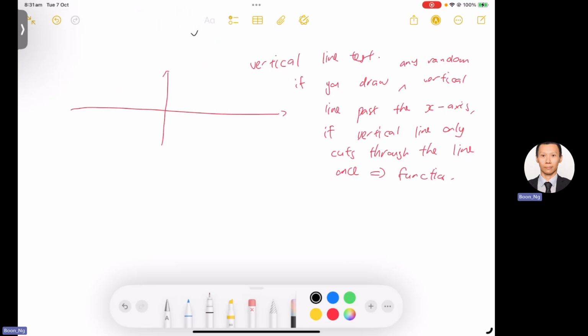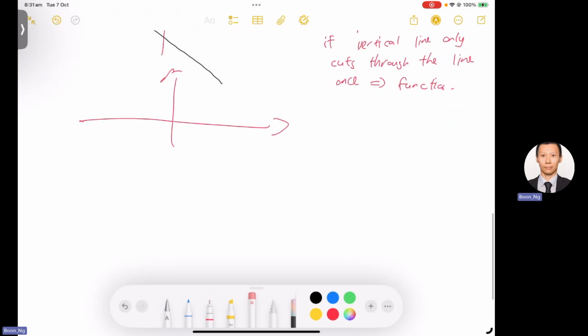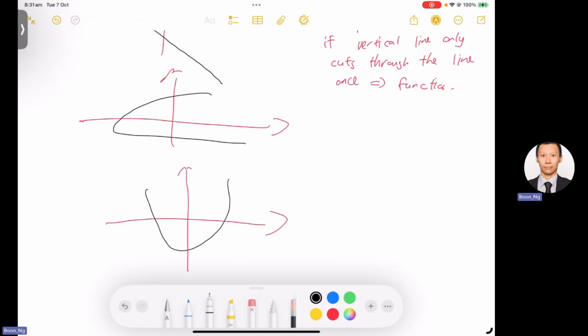Let's say, for example, this is a function. Now let's try something simple. If we are having this as one example, and the second example, this example and this example.